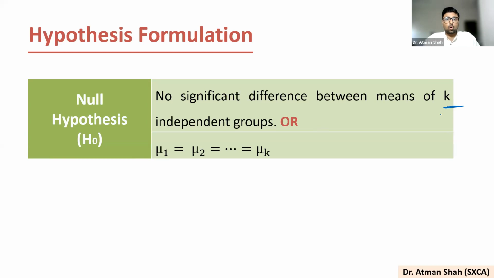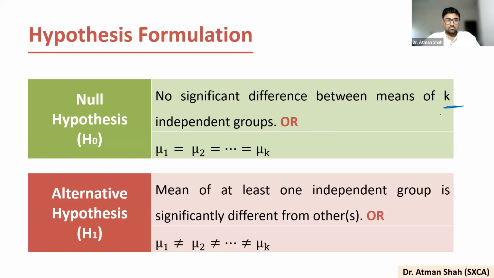So mean of all independent groups are same. Alternative hypothesis: mean of at least one independent group is significantly different from others. So instead of this, you can also write like this: mu1 is not equal to mu2 is equal to mu3 is equal to mu k.